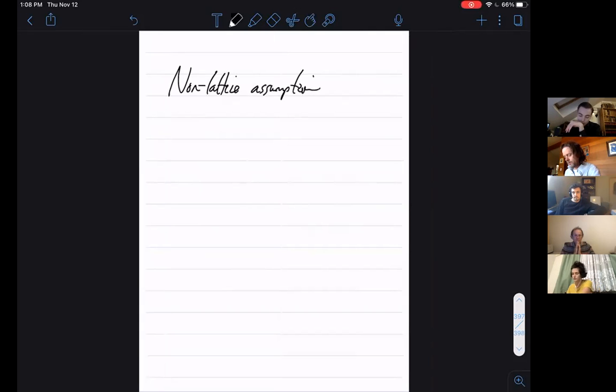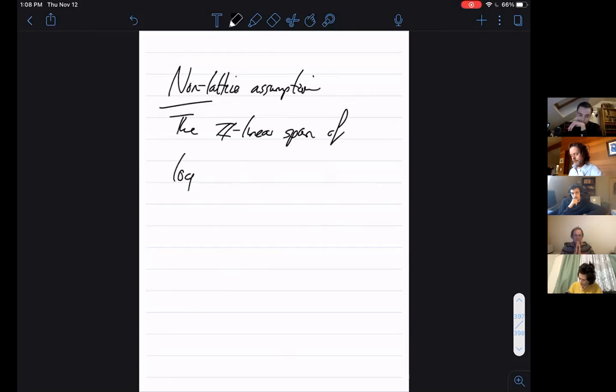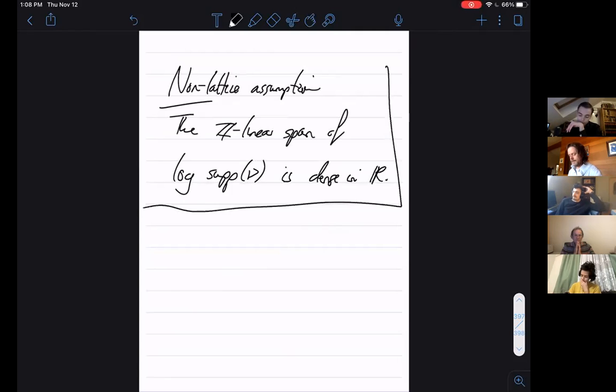What's needed to ensure a certain form of regularity for the time that's spent in traps is a non-lattice assumption: that the Z-linear span of the set of points in the logarithm of the support of the measure is dense in R. That will be the standing assumption for the random case.